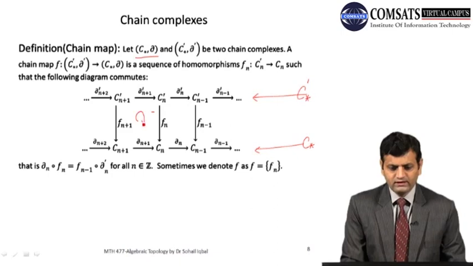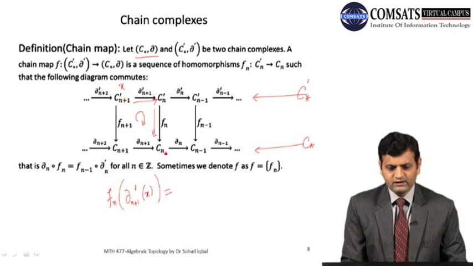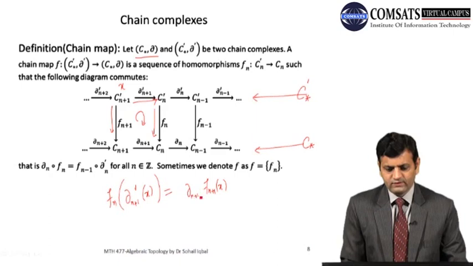In other words, if I take an element x from Cn plus 1 prime and apply partial n plus 1 prime on x, and then apply Fn on it, I can take another route from Cn plus 1 prime to Cn: first applying Fn plus 1 on x and then applying partial n plus 1.